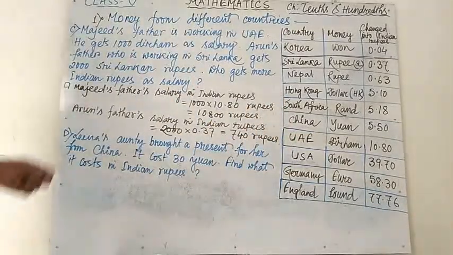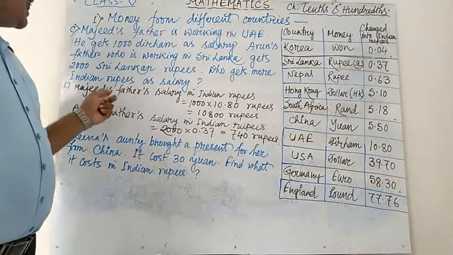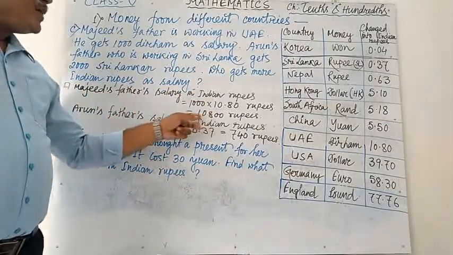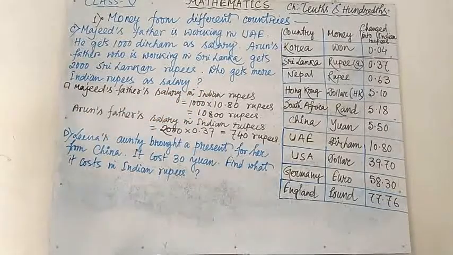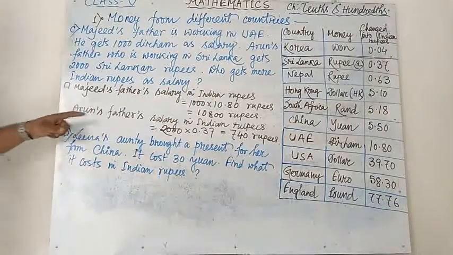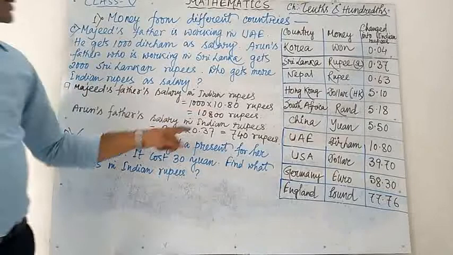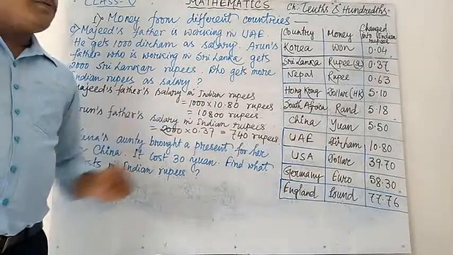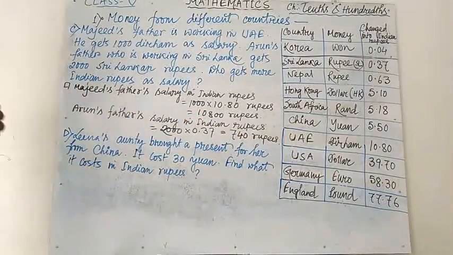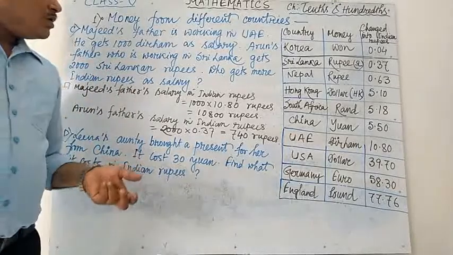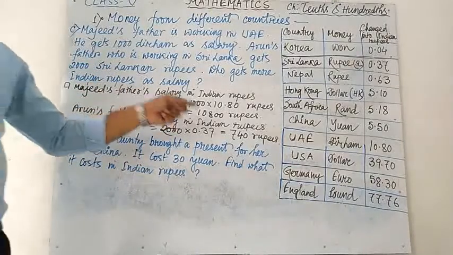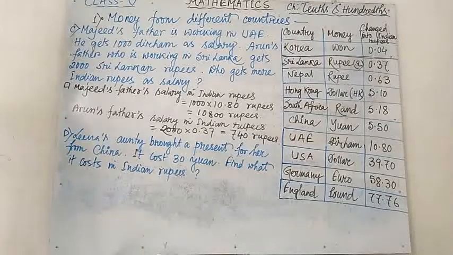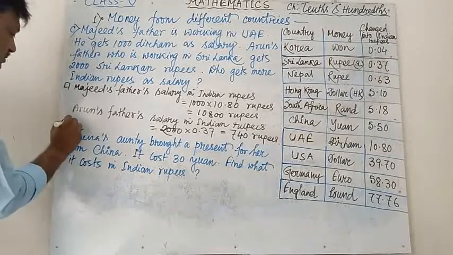Now we can check easily. Majid's father's salary in Indian rupees is 10,800 rupees and Arun's father's salary is 740 rupees. So who gets more? Majid's father gets more.